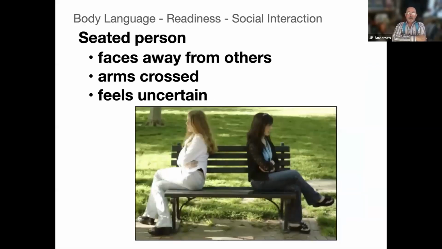Here are two people seated, not facing each other. They are facing away from each other. They've both got their arms crossed. It's obvious there's feelings of uncertainty here. The woman in the white clothing may have been sitting at this bench, and along came this woman and said, "Oh, could I sit on the other end of the bench?"